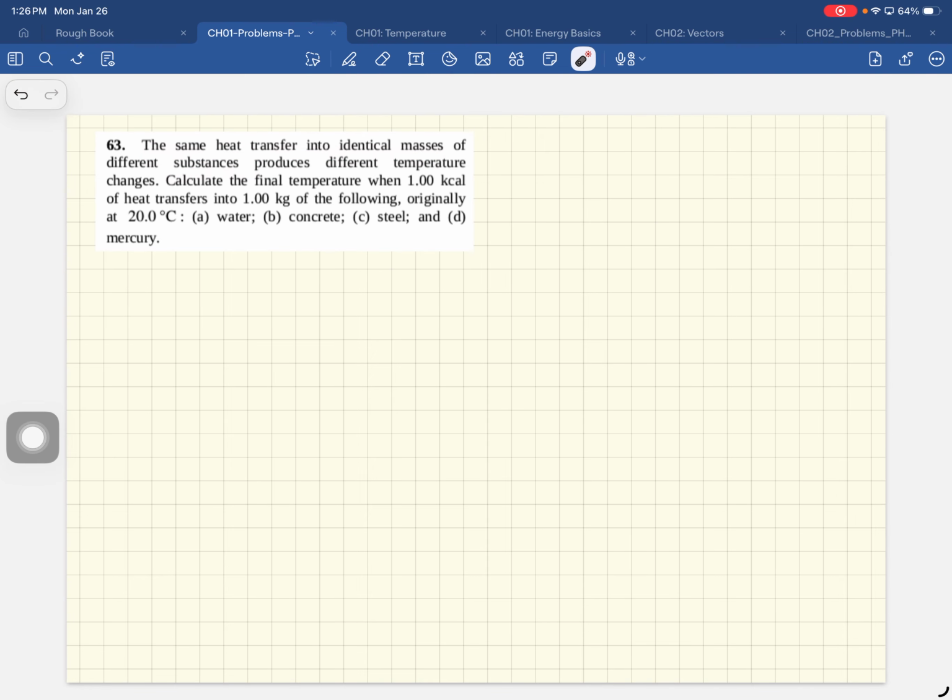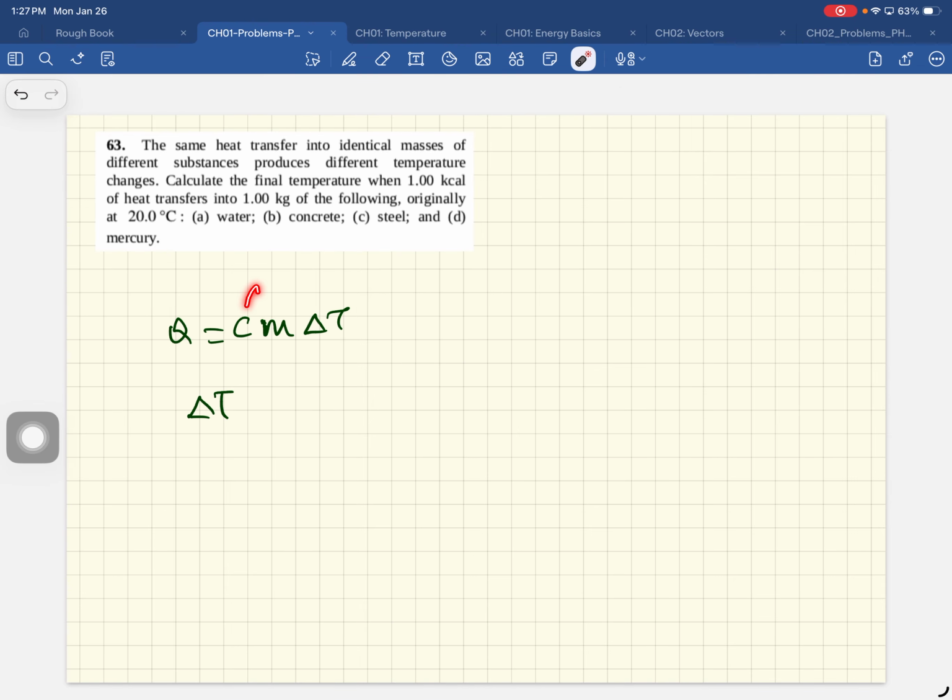So for the temperature rise for water, you're putting 1 kilocalorie of heat transfer. This problem has mixed up units. Okay. By the way, 1 calorie is 4.186 joules. Okay.